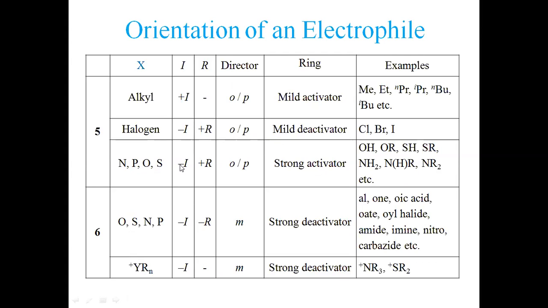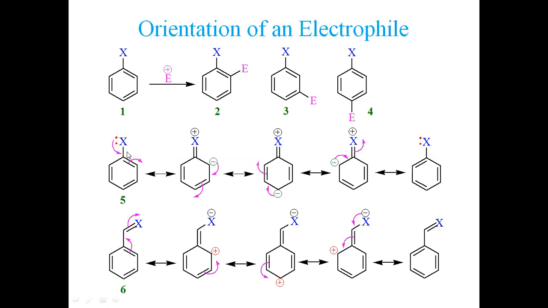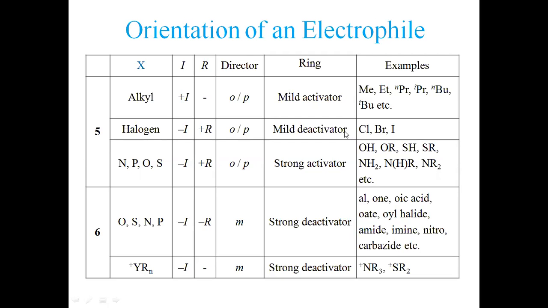So by inductive effect, they shall be minus I, electron withdrawing. And with respect to resonance effect, they are plus R. You have seen already, these are donating electron density. By resonance, creating negative charge itself, they are getting positively charged. So this is what you have come across.